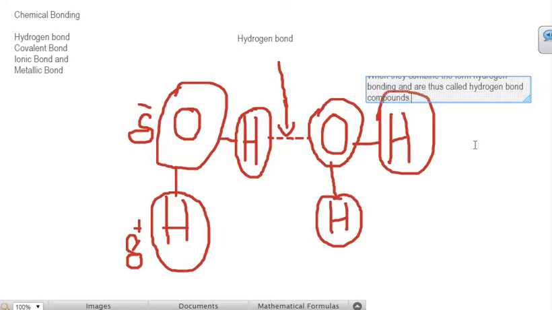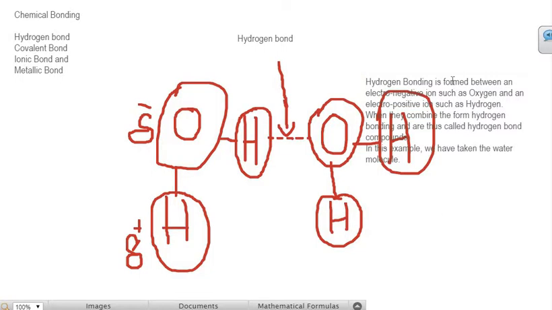Now in this example we have taken the water molecule. Now this is the whole thing.